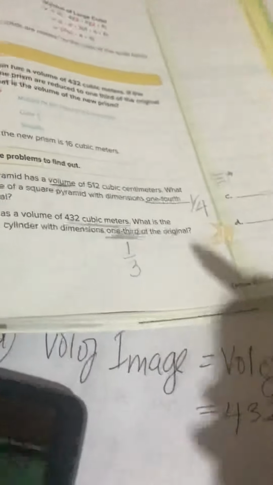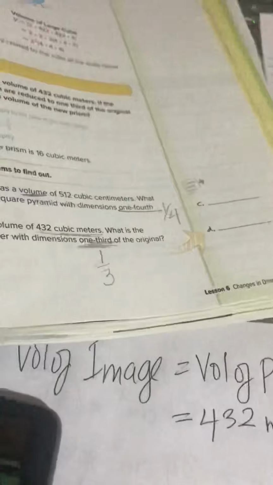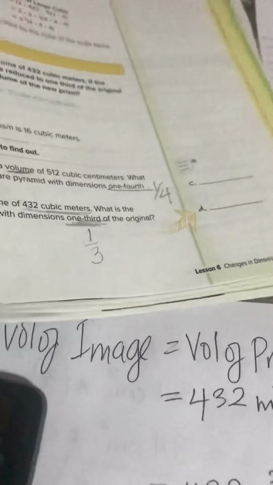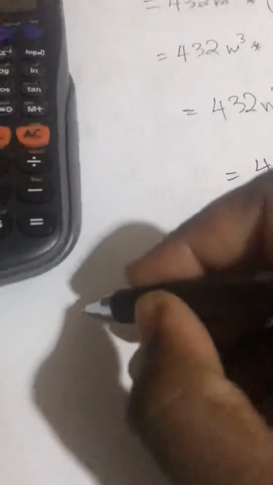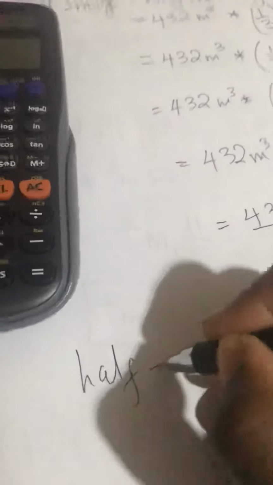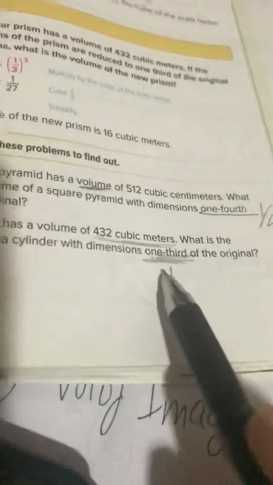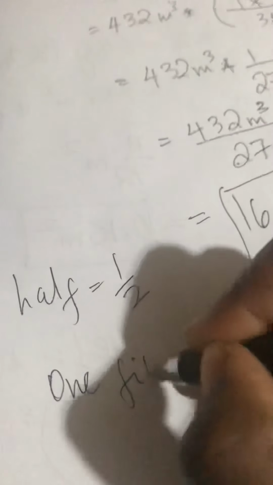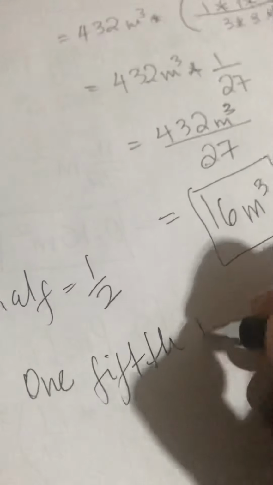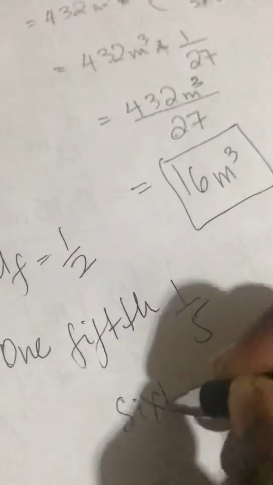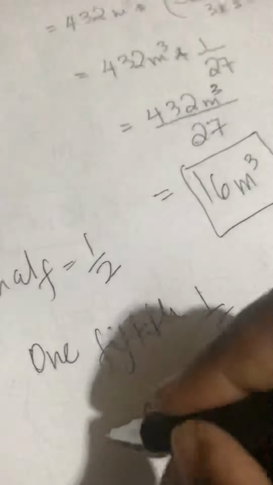Read those. 1/4, 1/5, 1/6, half. You should know how the spelling is. So, half is 1 over 2. 1/3 we did here, 1/3. 1/4. Okay? 1/5 is 1 over 5. 1/6 is 1 over 6.